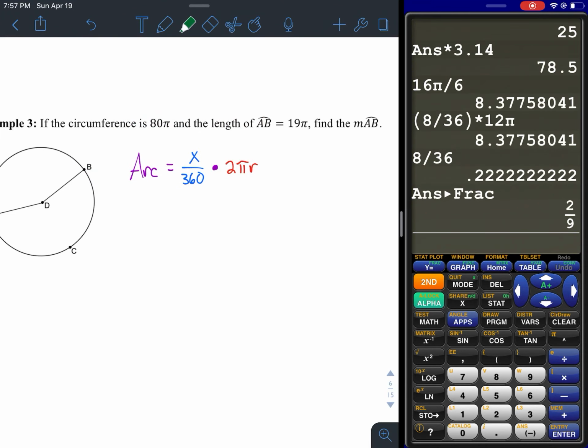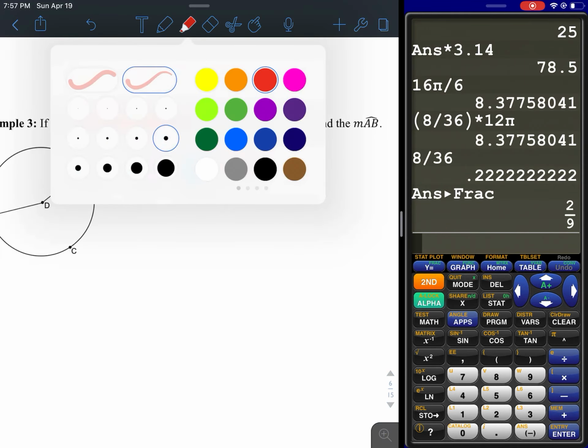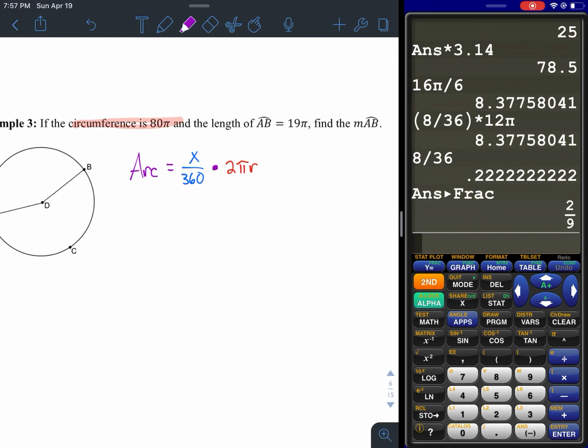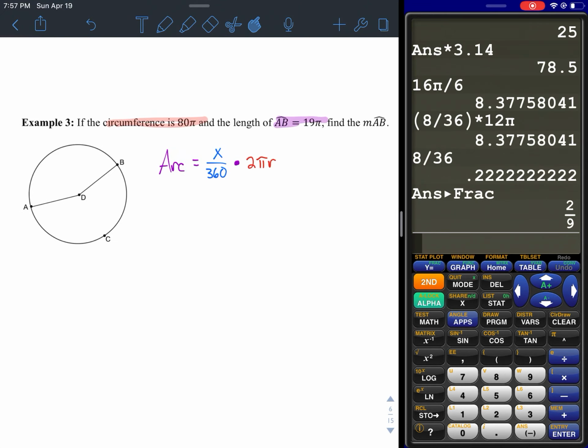All right, so we know the circumference, that is 80 pi. And the arc length is 19 pi, so we actually know the arc length. We know what that stretched out portion is. We need to find the measure of arc AB. So what that means is we want to find what that part is in degrees.